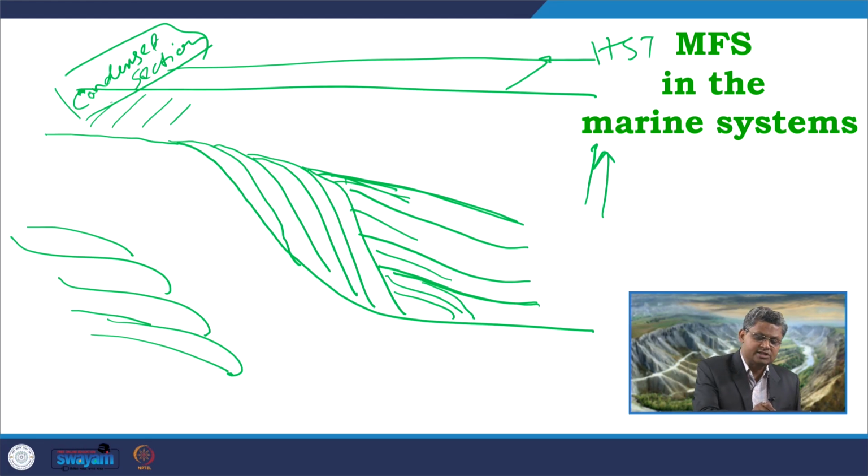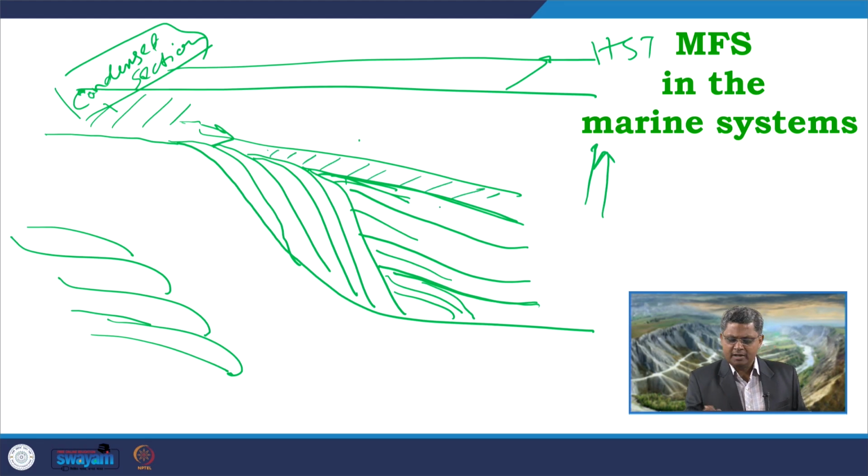That condensed section is nothing but the deposition of pelagic and hemipelagic sediments, so that actually hinders the next phase of supply of these gravity flows in the deep basinal part. So, during the HST phase we get continuous hemipelagic and pelagic mud deposition over here.